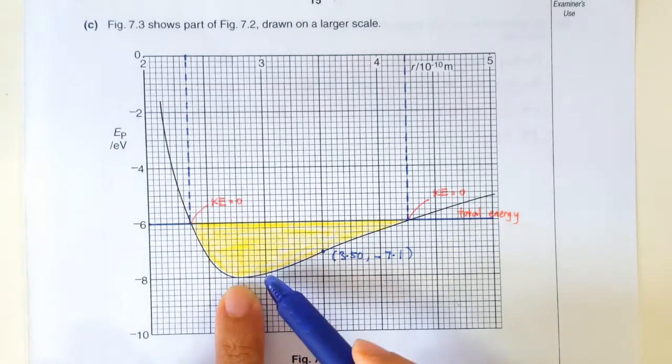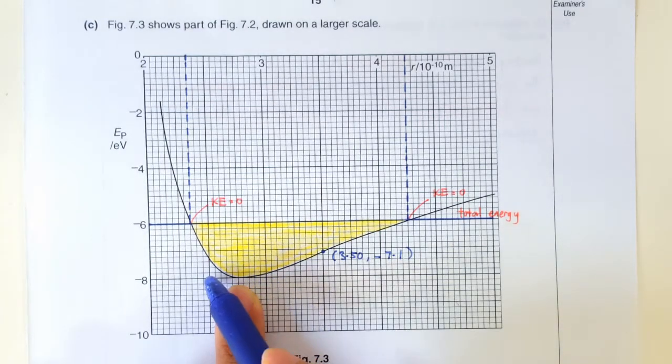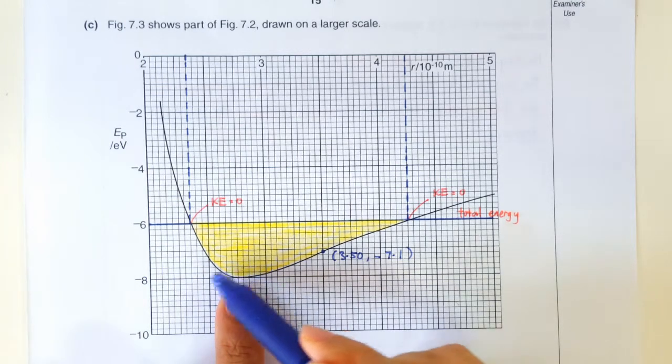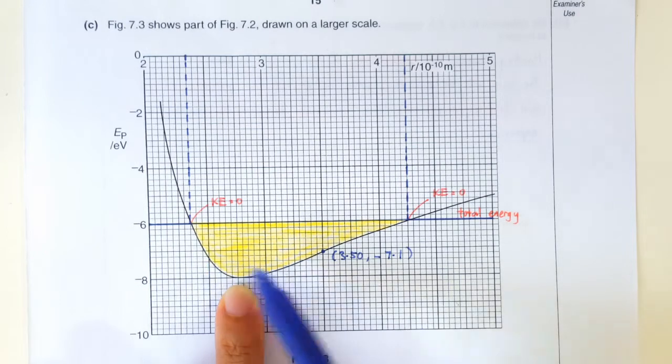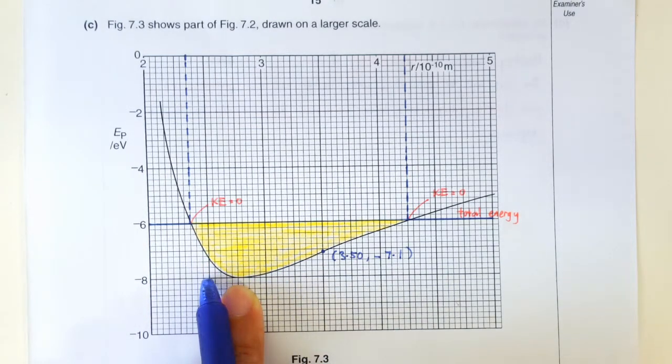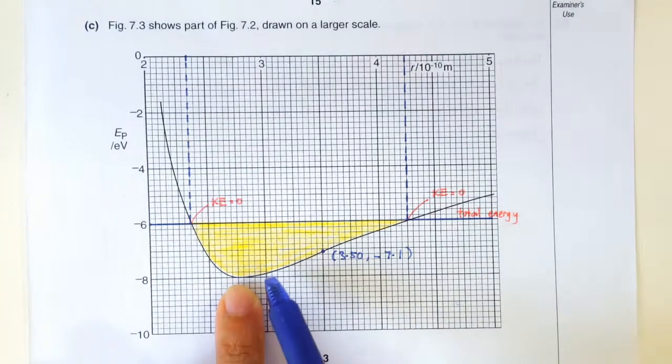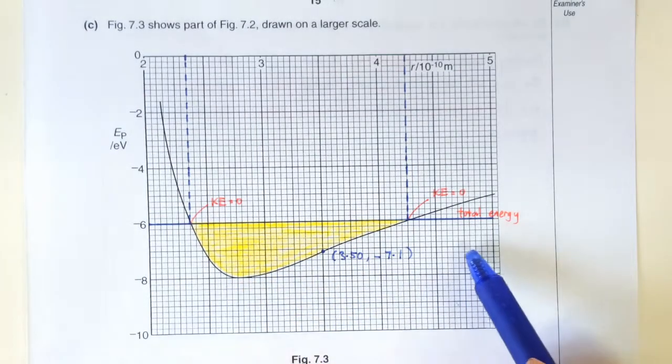For example, at this point and at this point, the displacement from the equilibrium position is the same, but you can see that the gradient here is much steeper than here. So in fact, the restoring force when you are this far away is much stronger than the restoring force when you are the same distance away from the equilibrium position. So this cannot be an SHM.